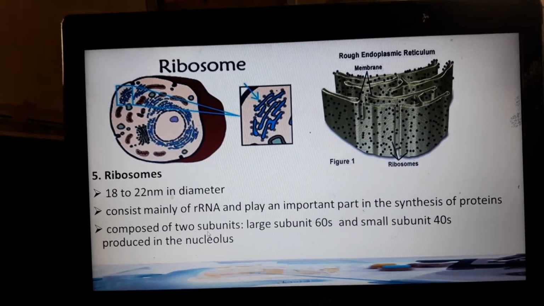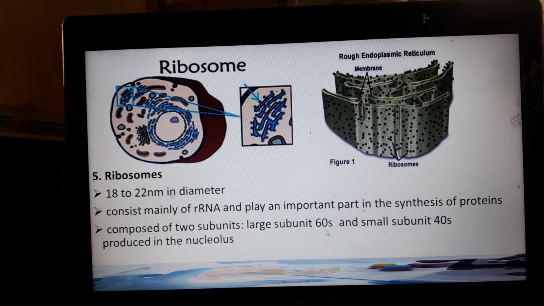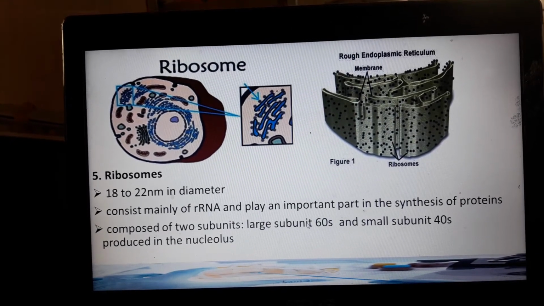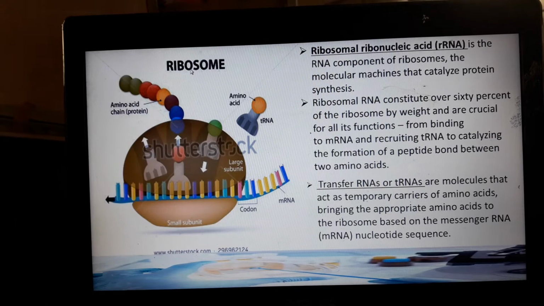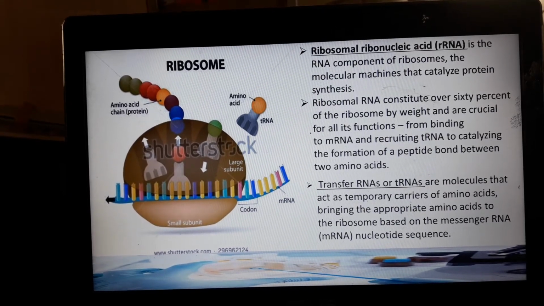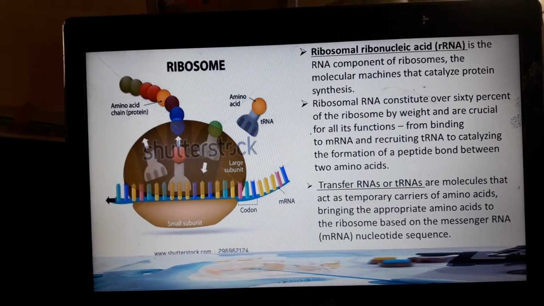Ribosomes are composed of two subunits, large 60S and small 40S, produced in the nucleolus. Diba? These are considered to be subunits of ribosomes. Okay? So ribosomal RNA is the RNA component of ribosomes, the molecular machines that catalyze protein synthesis.